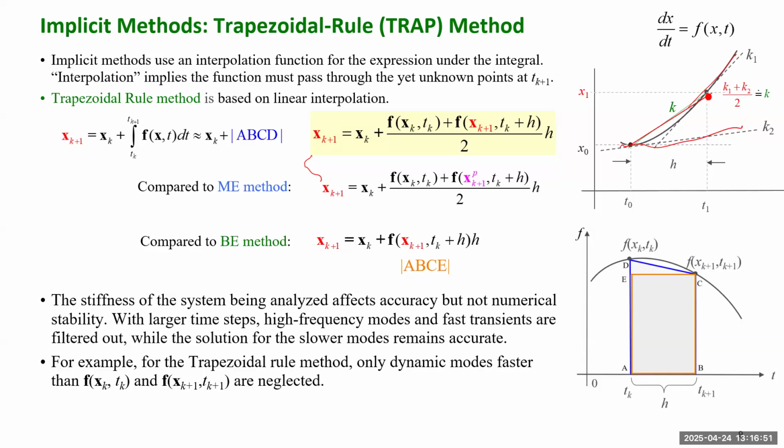But for the trapezoidal rule method, you need to solve this equation through some numerical iteration until, when you plug in the value for k plus 1 and calculate another value of s k plus 1 from the left-hand side, those two are close enough, and you can move on. If those two always have a gap higher than your error tolerance, you need to keep iterating. So although there's a single equation, in order to solve it you may take a large number of iterations. That can slow down your process.